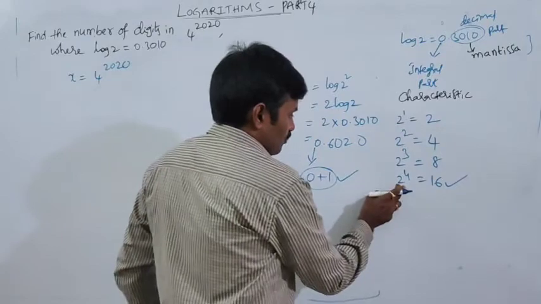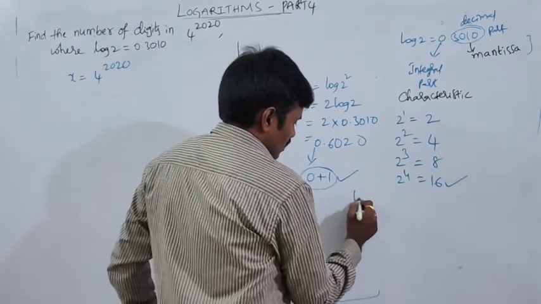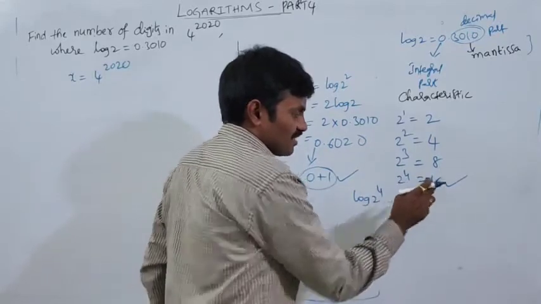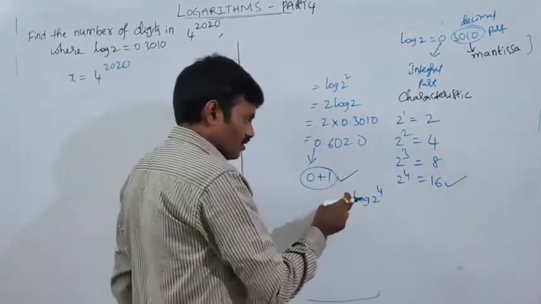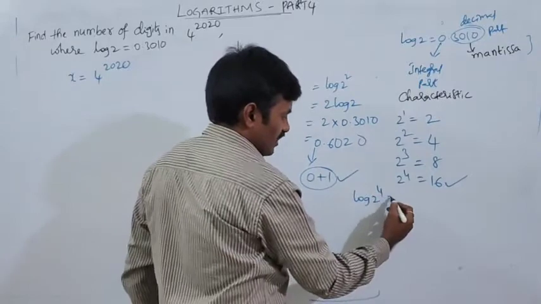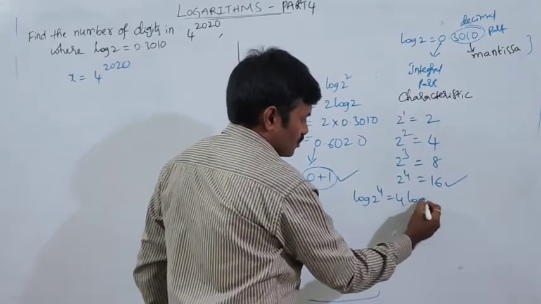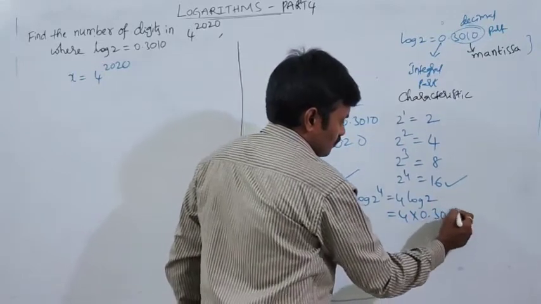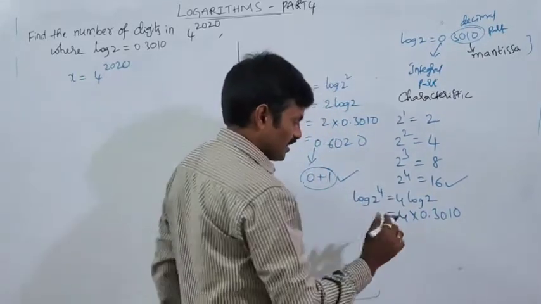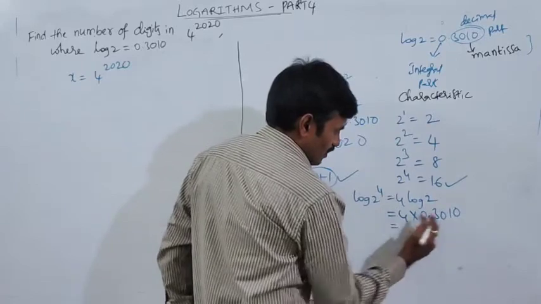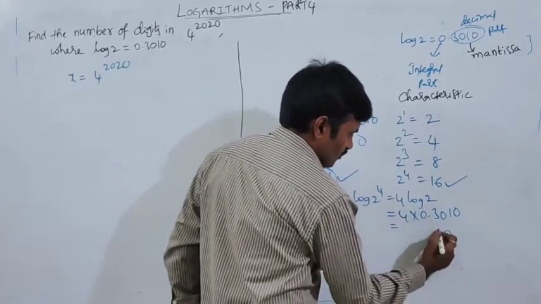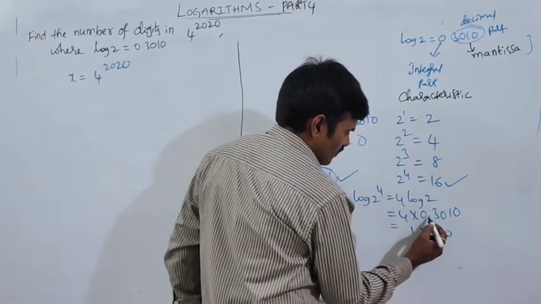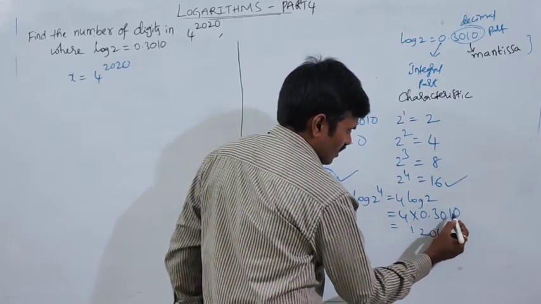For suppose I take 2 power 4. We know that in 2 power 4 there are 2 digits. So by using this concept I am finding it. It can be written as 4 log 2. 4 into the log 2 value 0.3010. I am taking small values to give you clarity. Now multiply: 4 zeros are 0, 4 ones are 4, 4 zeros are 0, 4 threes are 12. After the decimal point, on the right side 4 digits are given: 1, 2, 3, 4.